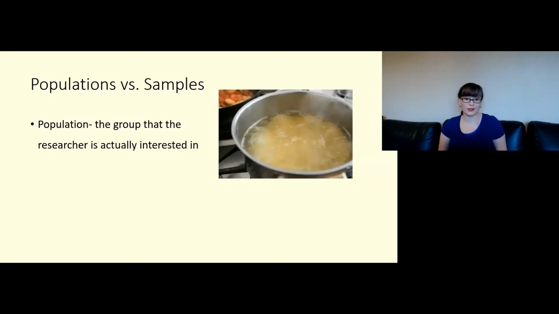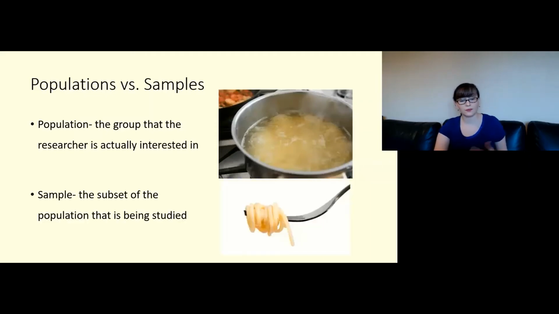There's also the case that sometimes people who are in our population might not want to participate. They might just choose not to. They might ignore our request. And so it's not always going to be possible to do this. And so we have this idea of a sample. We take a sample, we take a subset of our population, and these are the people that we're going to study.